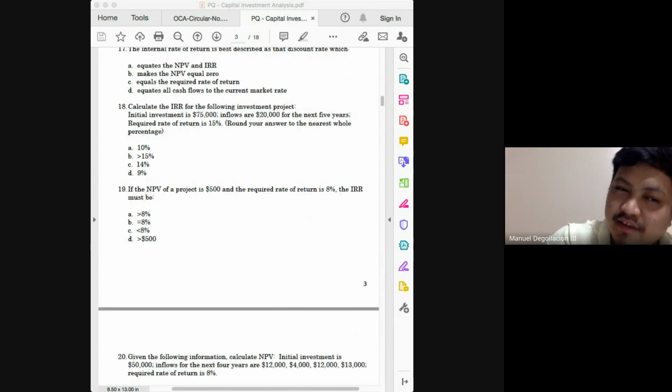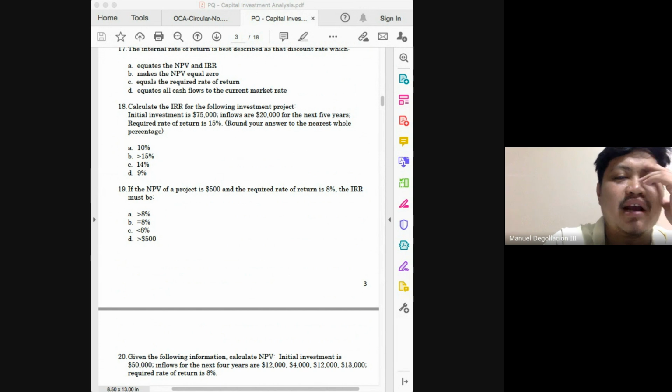Next, calculate the IRR. One way of solving this is by trial and error. You use one of the choices and apply the rate in getting the present value of the cash flows. If your NPV would be zero, then that would be your internal rate of return.